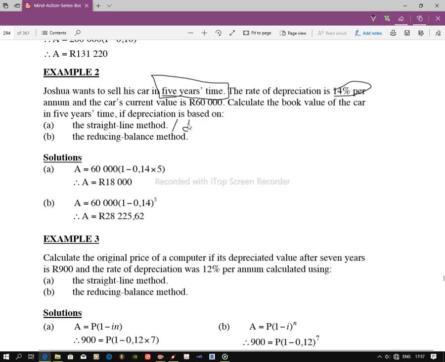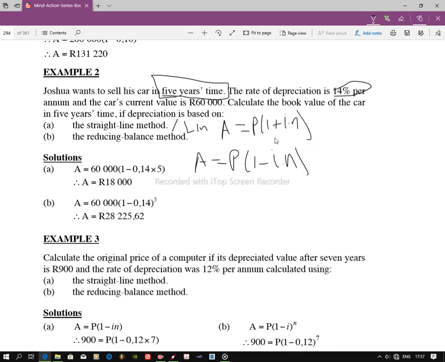So for linear depreciation, like I said, the formula is A = P(1 - I n). Let's compare with simple interest when we are not in depreciation: A = P(1 + I n).